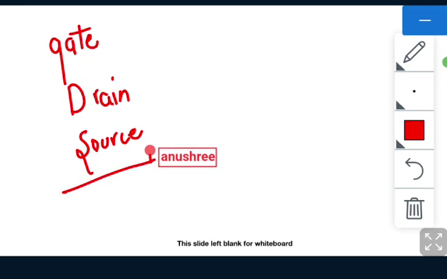So you can say that MOSFET is a voltage controlled device. That you have to write first. Okay, it is a voltage control device.